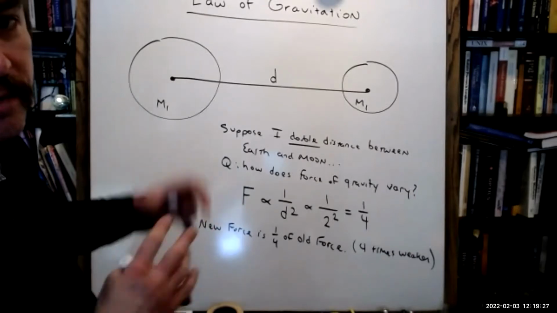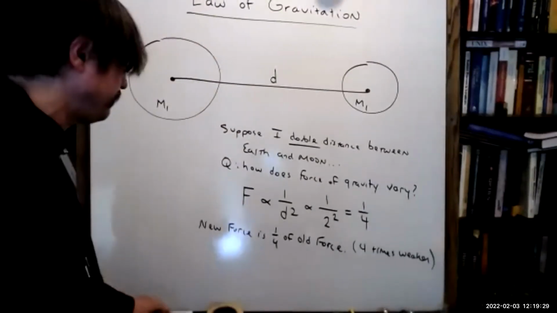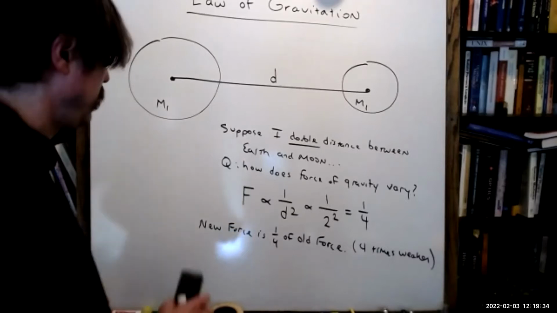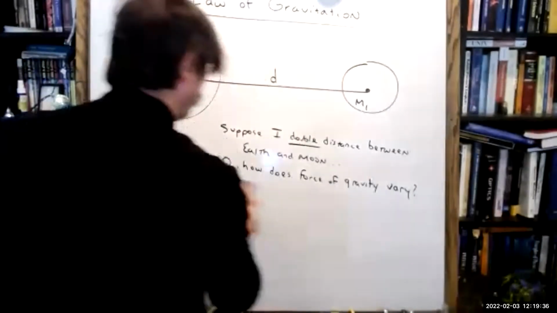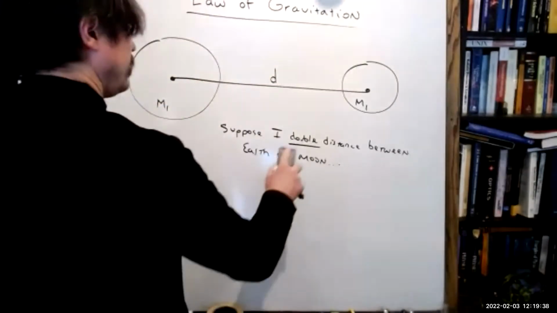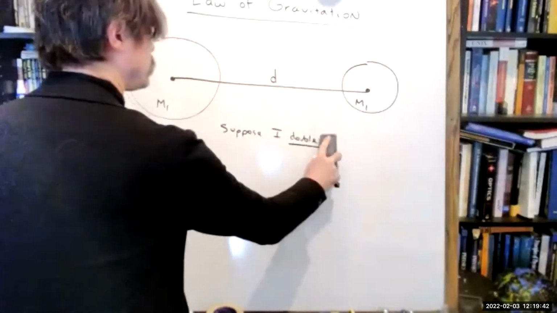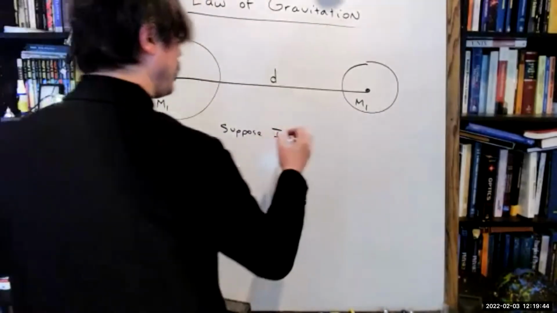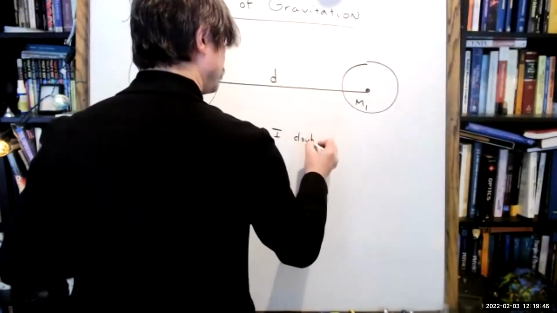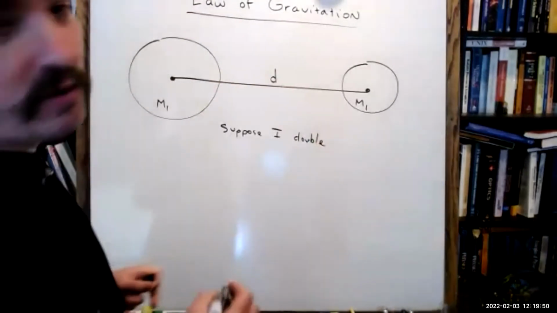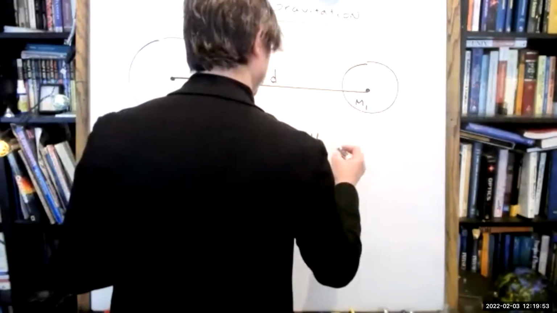All right, one more sample question. See how this works. What if I instead say, suppose I double not the distance, but suppose I could somehow double the mass of both planetary objects.